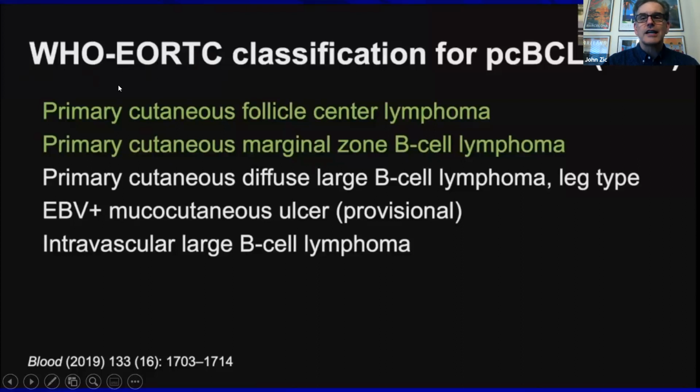And these two organizations have been collaborating so that there's a unified world classification for cancers. And this is their classification for the primary cutaneous B-cell lymphomas. And the two that are in green, the primary cutaneous follicle center lymphoma and marginal zone B-cell lymphoma, are considered the low-grade, indolent, slow-growing subtypes that have an excellent prognosis.